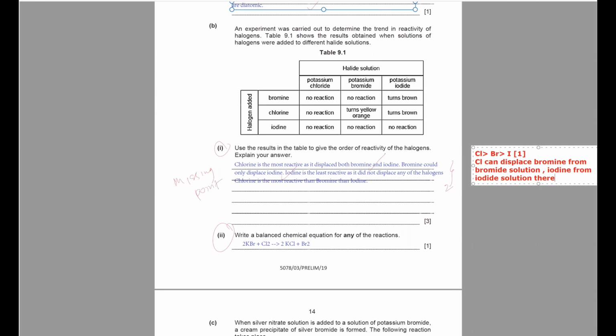Therefore, it is the most reactive. This is 1 mark. Then you can say bromine can displace iodine, so it is more reactive than iodine, but not chlorine.